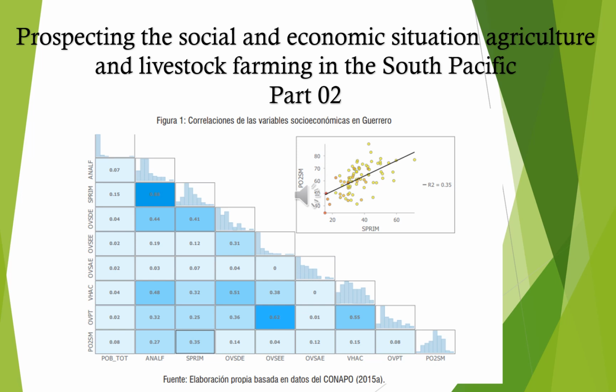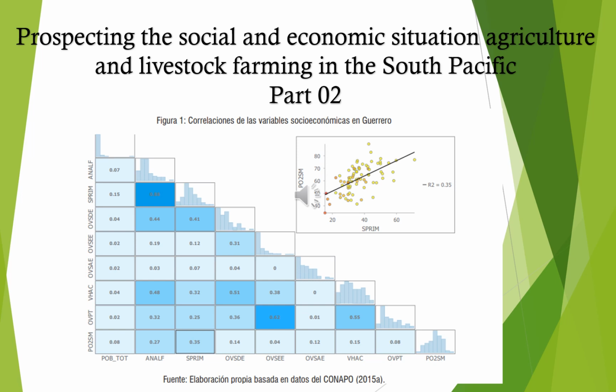Likewise, the percentage of employed population with income up to minimum wage presents a strong positive relationship with territories inhabited by individuals with high levels of illiteracy.